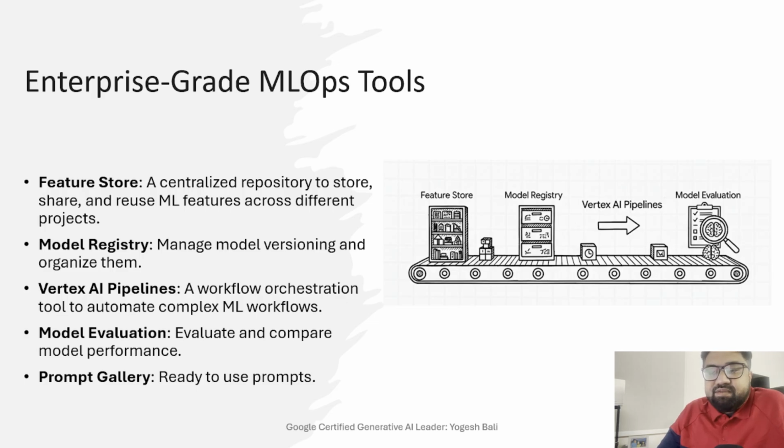Then there comes Model Evaluation, which helps evaluate and compare different models based upon performance and other factors. It also offers Prompt Gallery, which is a list of pre-built prompts that I can use in my model for my queries.